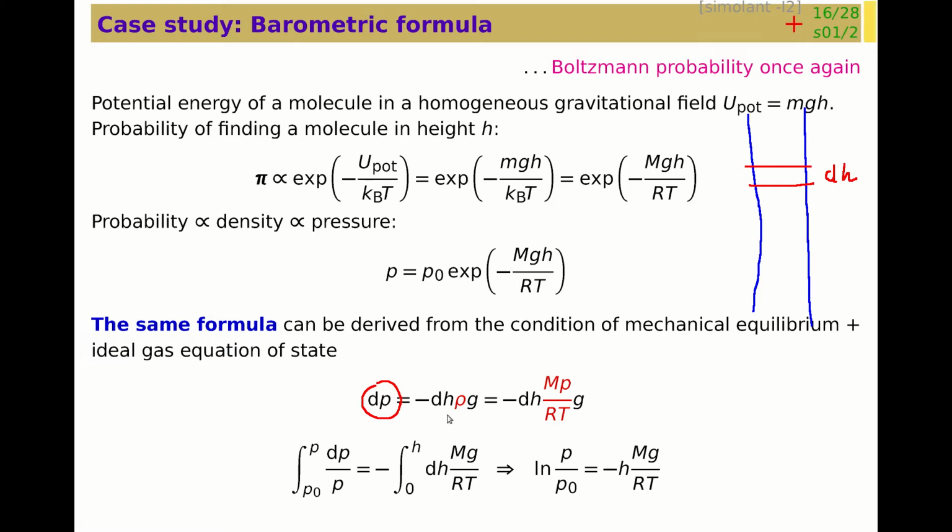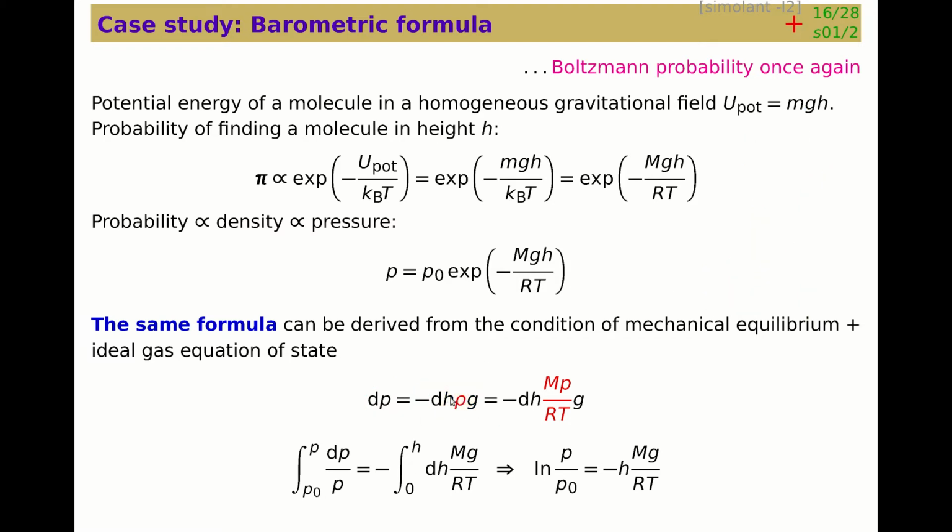You certainly know from physics the formula for hydrostatic pressure, which is here. This is the height times the density times the acceleration, and we must understand the sign. Our height goes up from 0 and pressure goes down, so there is a minus here.